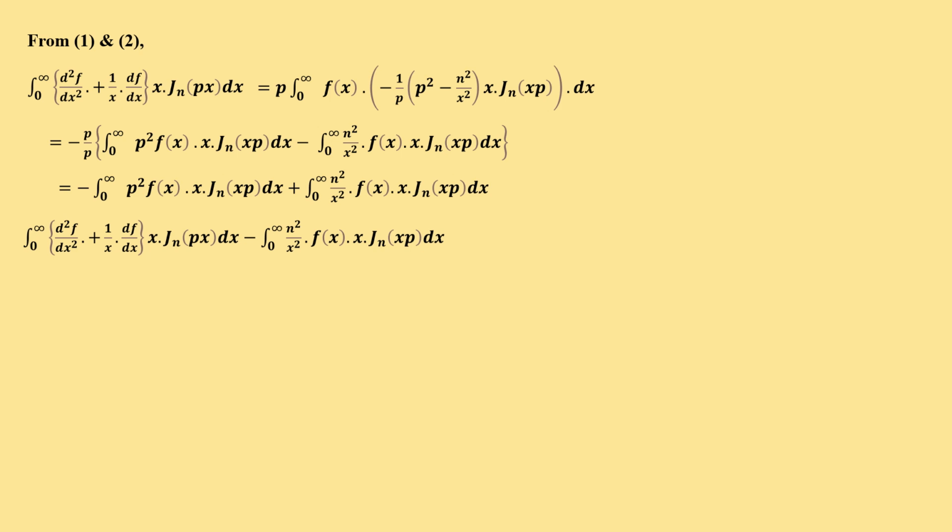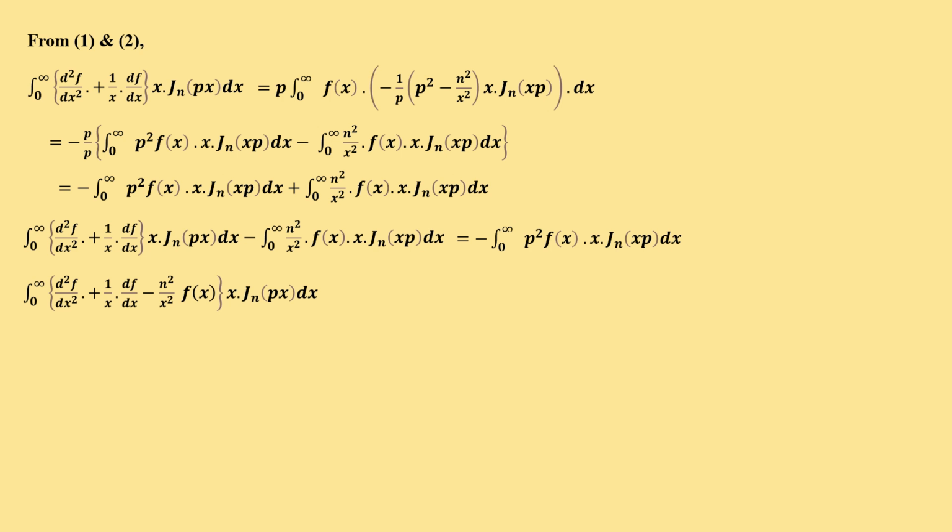So, integral 0 to infinity of (d²f/dx² + 1/x df/dx) x Jn(px) dx, taking the second term on the left hand side to the right hand side, minus integral 0 to infinity n²/x² f(x) Jn(xp) dx, is equal to minus integral 0 to infinity p² f(x) Jn(xp) dx.